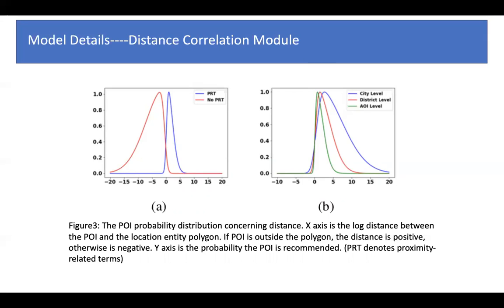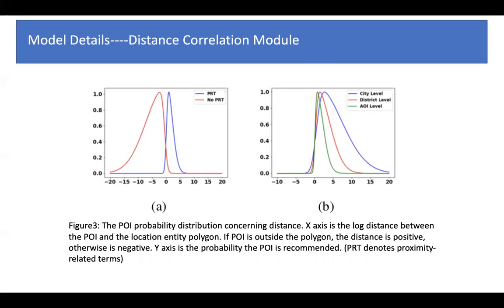In 3B, we can see that when asking city-level questions with PRT, for example, where can children go nearby New York, the result may contain POIs located in the city's suburban districts or outside the city, whereas for AOI-level questions, for example, where can children go nearby Central Park, the result may only contain POIs outside but close to the border of the AOI.